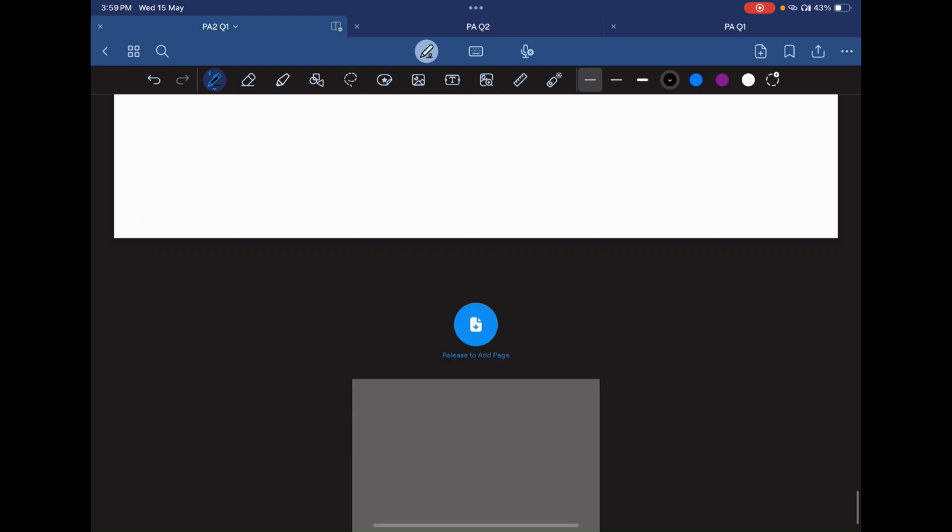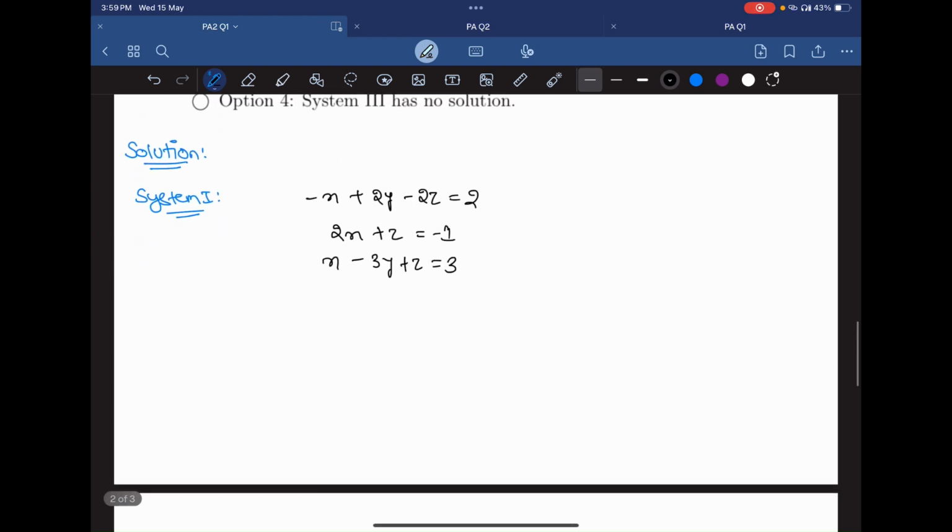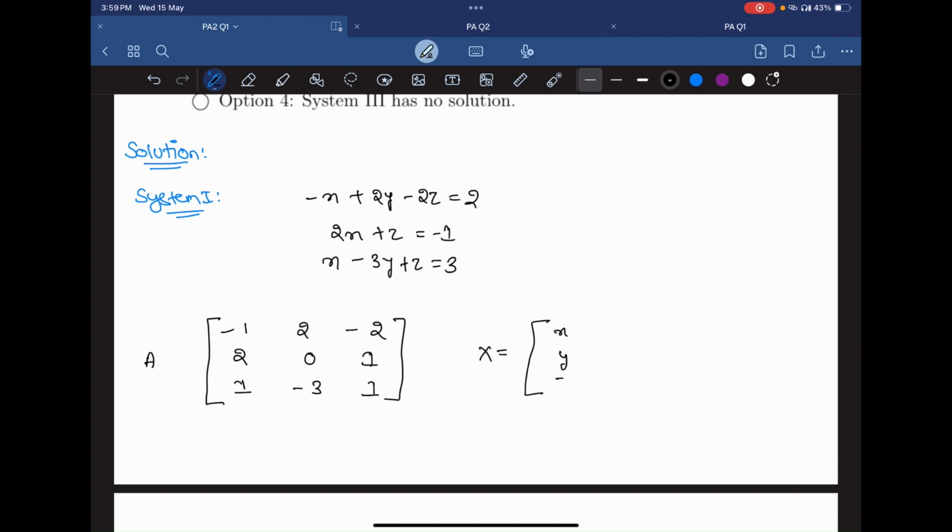With respect to these equations, the matrix representation would be minus 1, 2, minus 2, 2, 0, 1, 1, minus 3, 1. So this will be our A matrix. Matrix X will be x, y, z and matrix B would be 2, minus 1, 3.